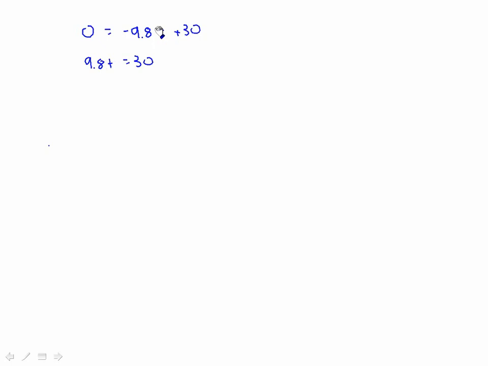So 30 divided by 9.8 will give you 3.06. So t is equal to 3.06 seconds. So it rises for 3.1 seconds after the fuel is gone.